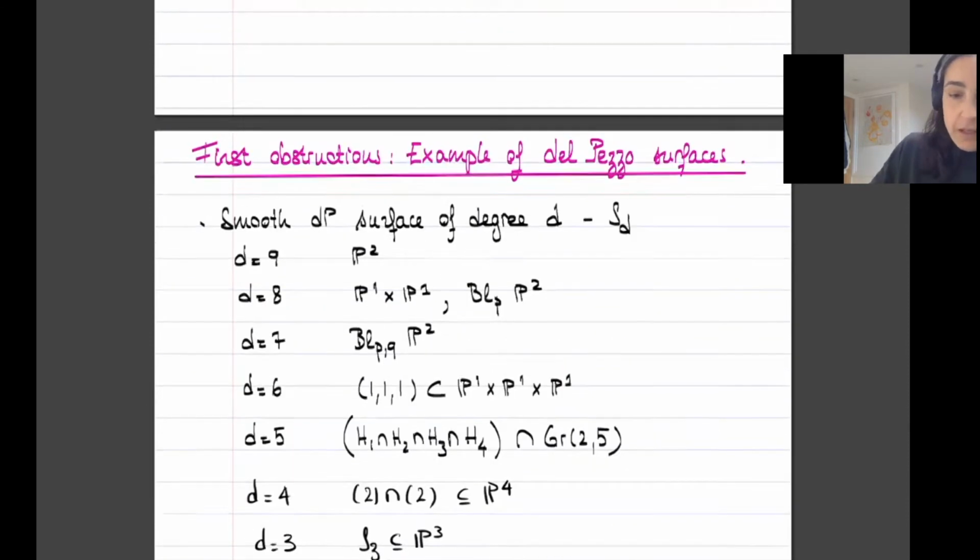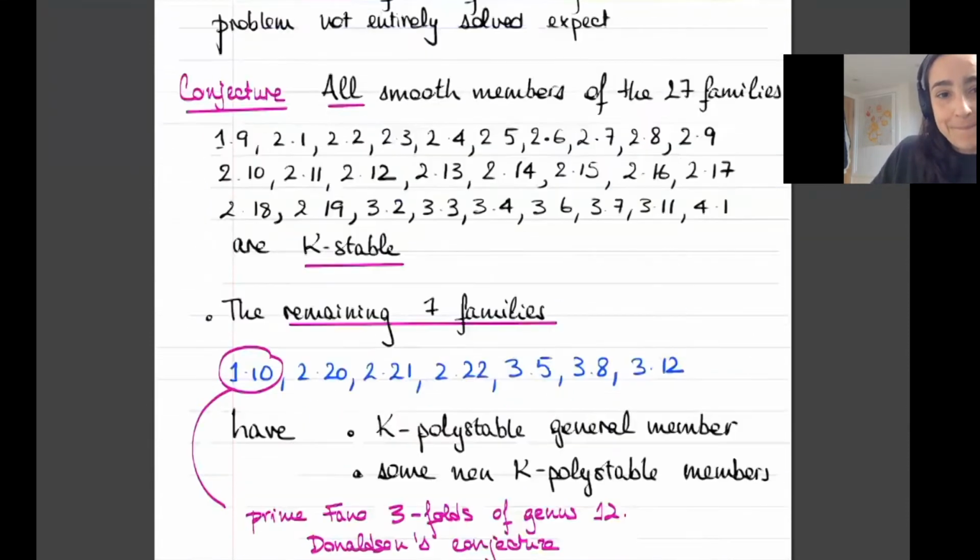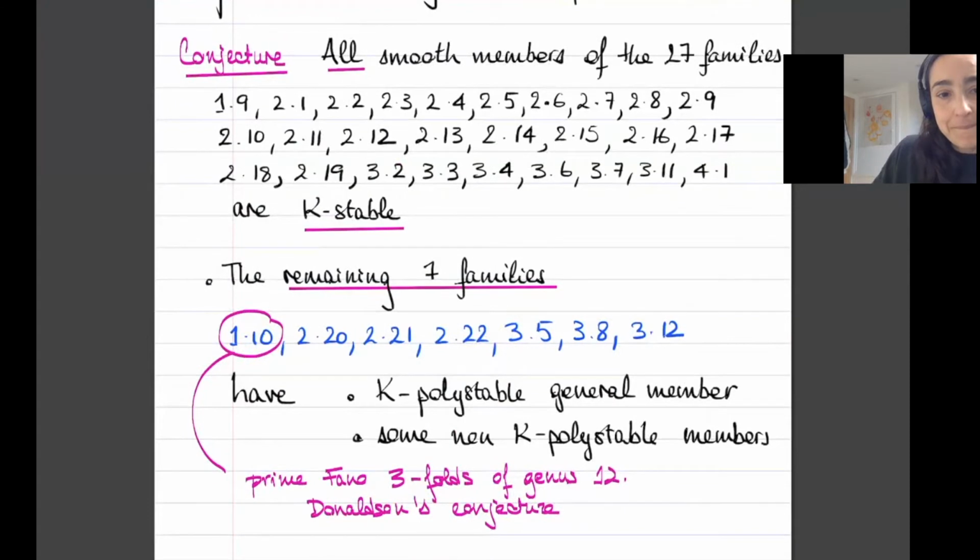Can I quickly ask a question? So if you're right, they have K polystable members. Does that mean that they have all, like every member is K polystable? So we expect that all smooth members.